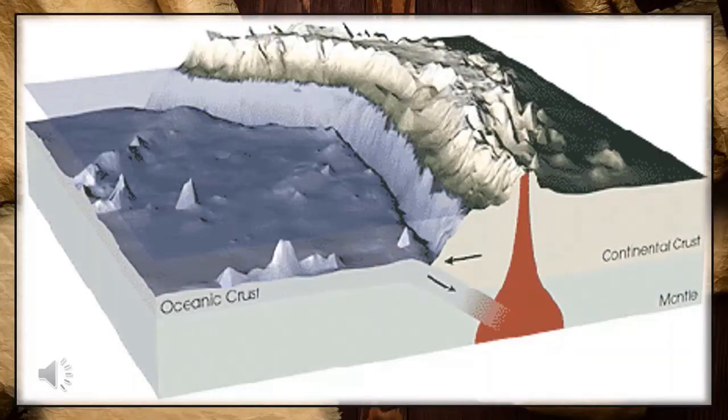If we compare these two types of crust in terms of density, the oceanic crust is denser compared to continental crust. The low density of the thick continental crust allows it to float in high relief on the much higher density mantle below the Earth's surface.